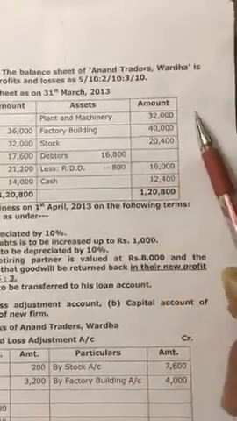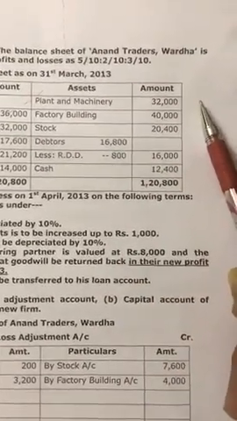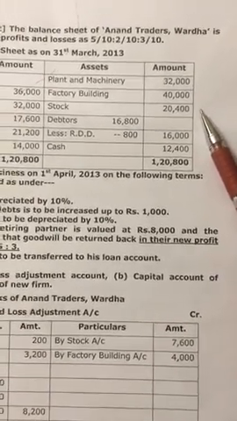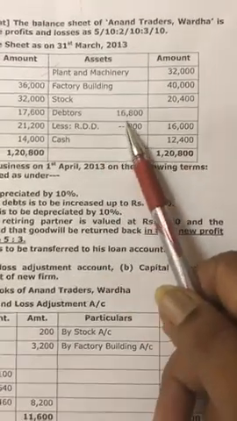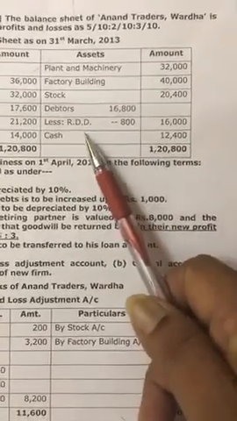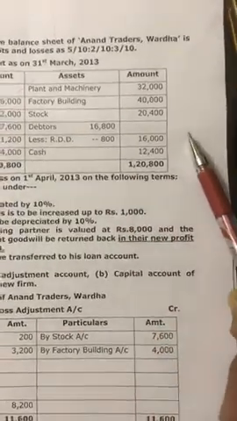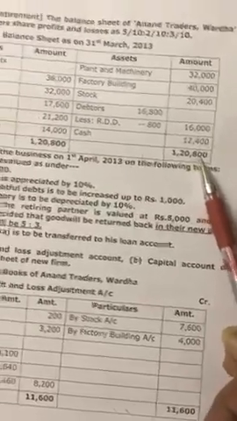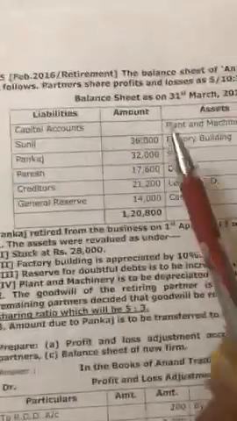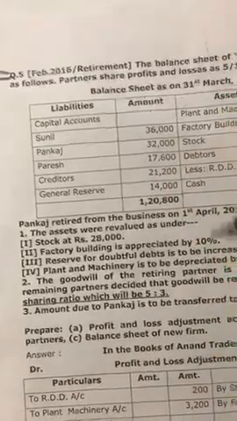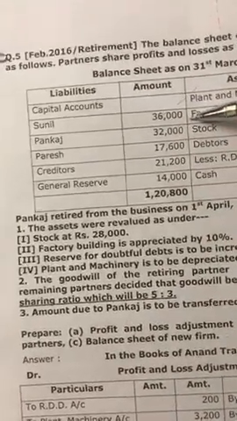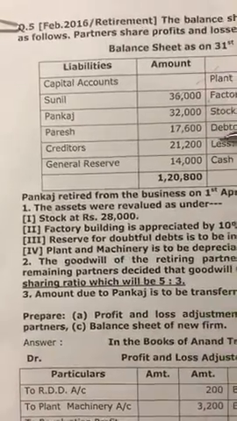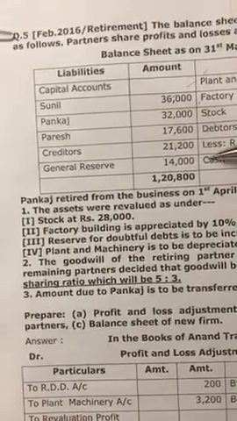Asset side: plant and machinery 32,000, factory building 40,000, stock 20,400, debtors 16,800 gross less RDD 800, net is 16,000, cash 12,400, total is 1,20,000. On the liability side, it is Sunil's capital, Pankaj's capital, Paresh's capital, creditors, general reserve.